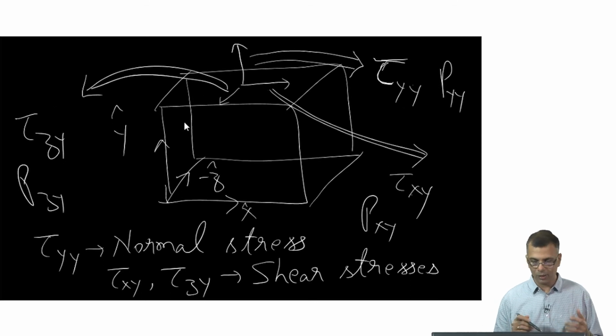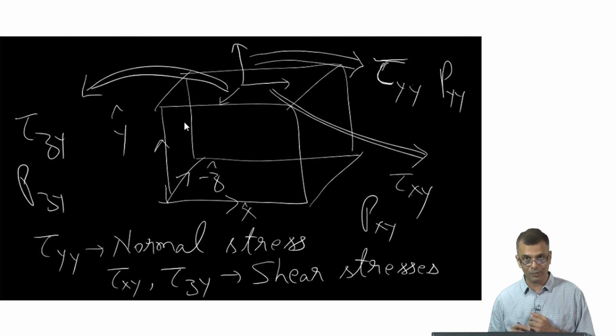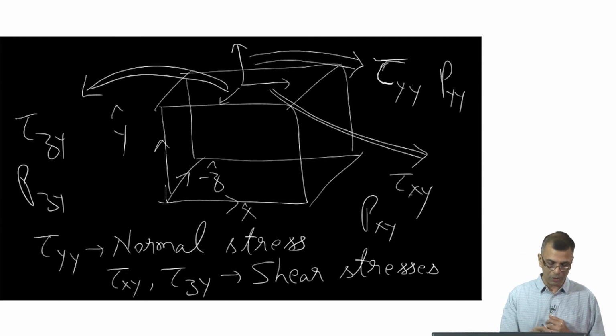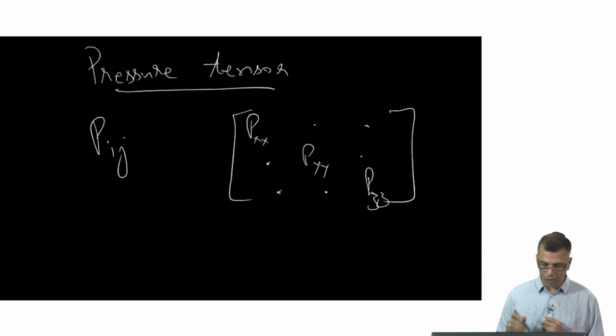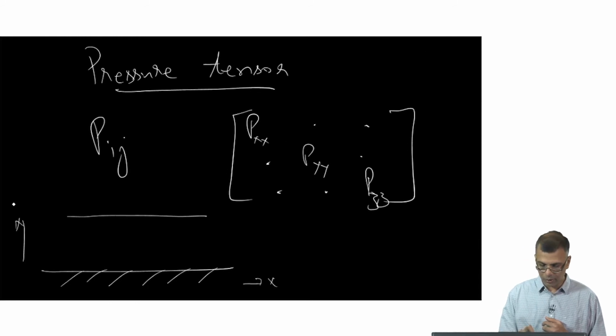If there is no shear, in other words, and remember shear is associated with viscosity. The whole concept of shear is that you consider a fluid that's flowing like this, where there is the x direction and that's the y direction, and you have a gradient in the x directed velocity with respect to y.